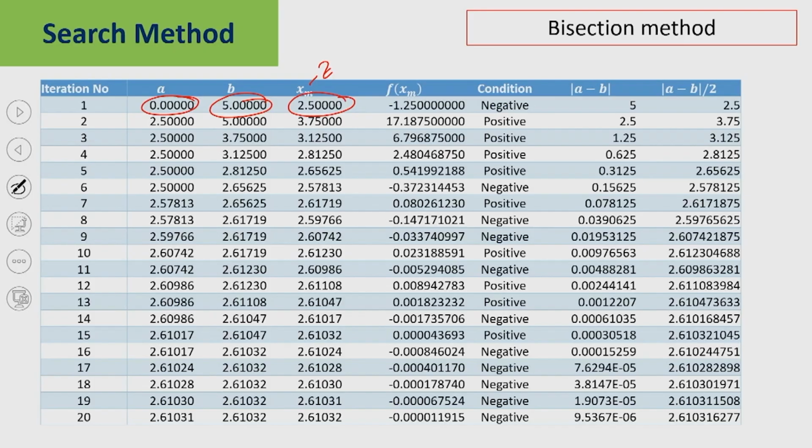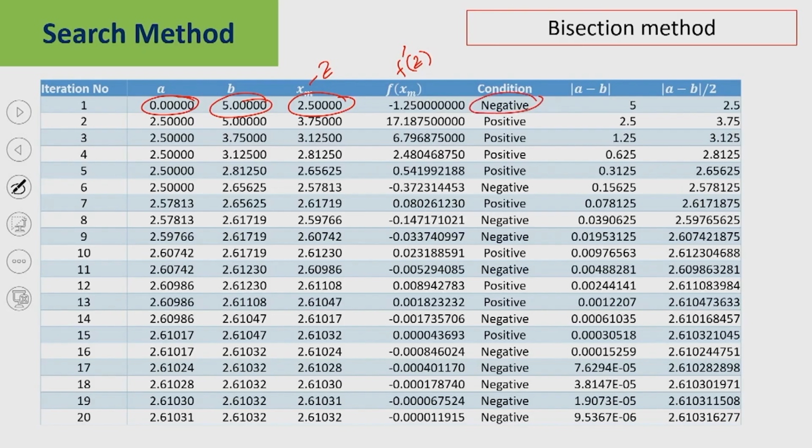So, I am getting this z value, and now you calculate the f' z value. Okay. So, this is your f' z, or x m. Now, you just see whether it is negative or positive, whether it is less than 0 or greater than 0.